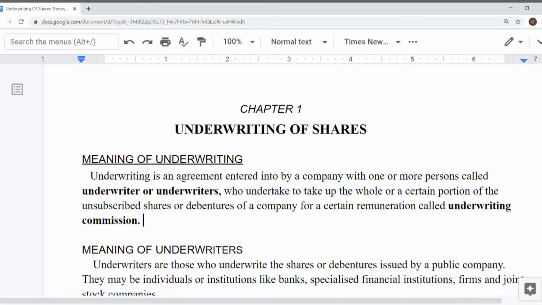So the first chapter in our syllabus is underwriting of shares. Meaning of underwriting. For a public company to start operating, minimum 90% of the shares or capital should be subscribed by the public. If the 90% of the capital is not subscribed by the public, the public company cannot start operating.